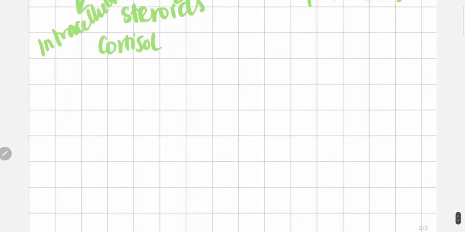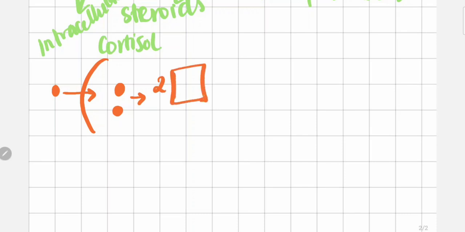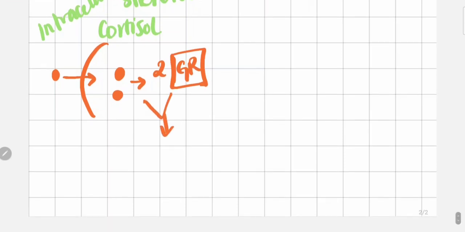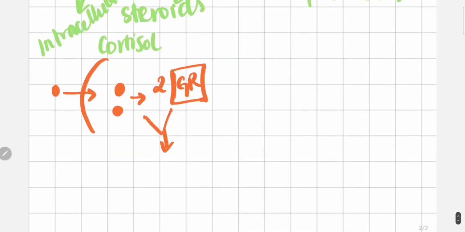When cortisol enters the cell, 2 molecules of cortisol are going to combine with 2 molecules of the glucocorticoid receptors, GR. This will form a complex which is a dimer.